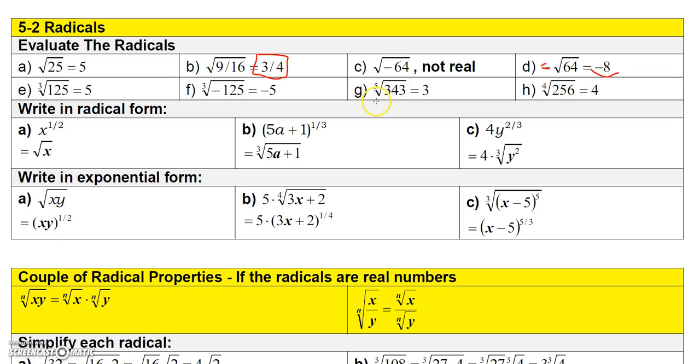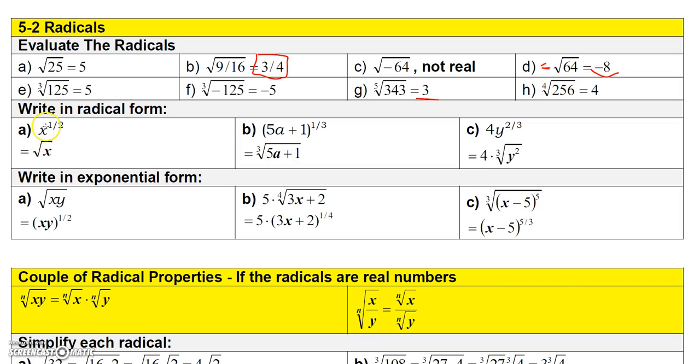The fifth root of 243 is 3, and you can do this on scratch paper if you like, but if you multiply 3 out 5 times, 3 times 3 times 3 times 3 times 3, you'll actually get 243. And then the fourth root of 256 is 4, because if you multiply 4 times 4 times 4 times 4, you'll get 256. In other words, 4 to the fourth is 256.